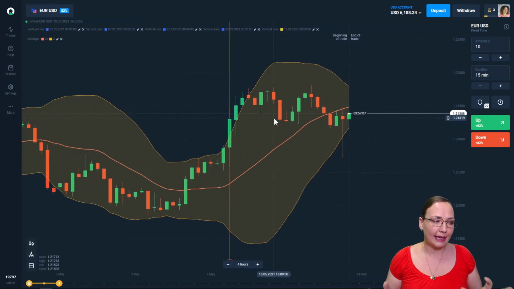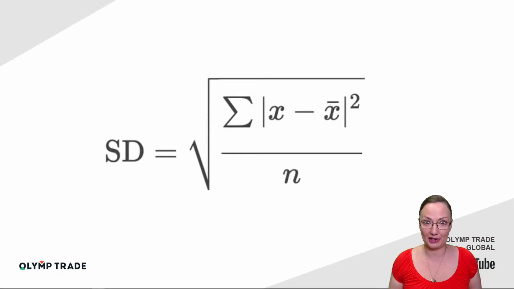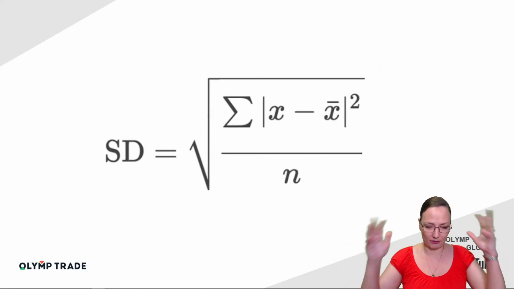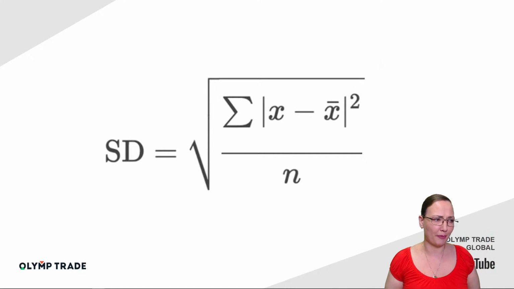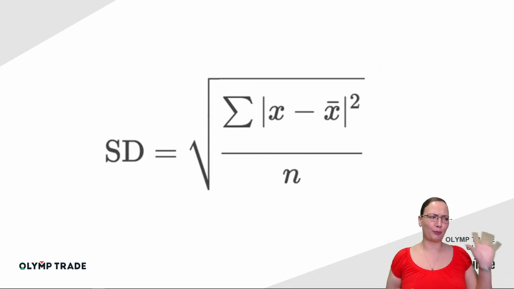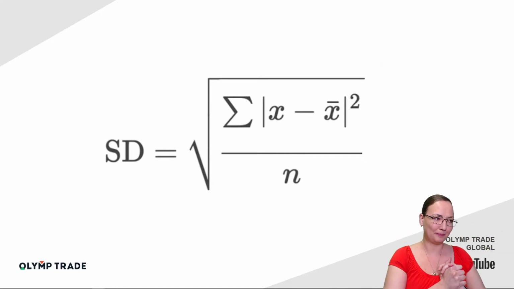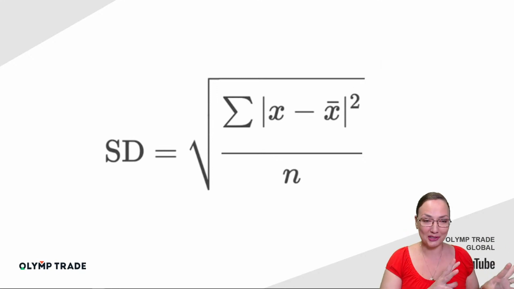There is a complex calculation, and I'll share it with you just so that you can take a peek. I love math, and I think it's exquisite. I think the whole world revolves around math, but I'm not a super mathematician, so I'm just glad that all these configurations are already in the indicator.